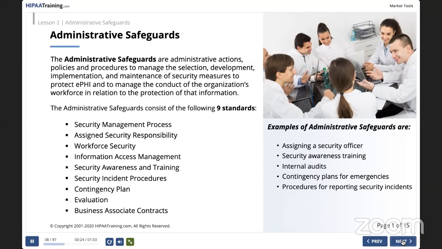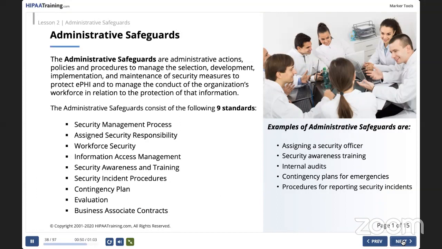The administrative safeguards consist of the following 9 standards: security management process, assigned security responsibility, workforce security, information access management, security awareness and training, security incident procedures, contingency plan, evaluation, business associate contracts.